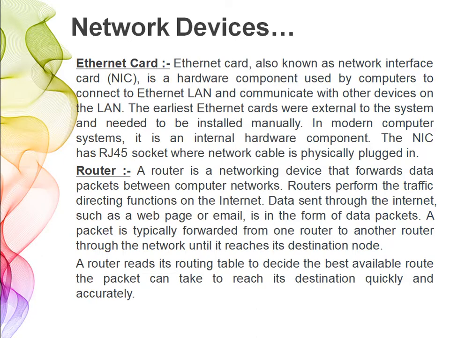A router reads its routing table to decide the best available route the packet can take to reach its destination quickly and accurately, because in this internet there are various routes from one origin to the destination.